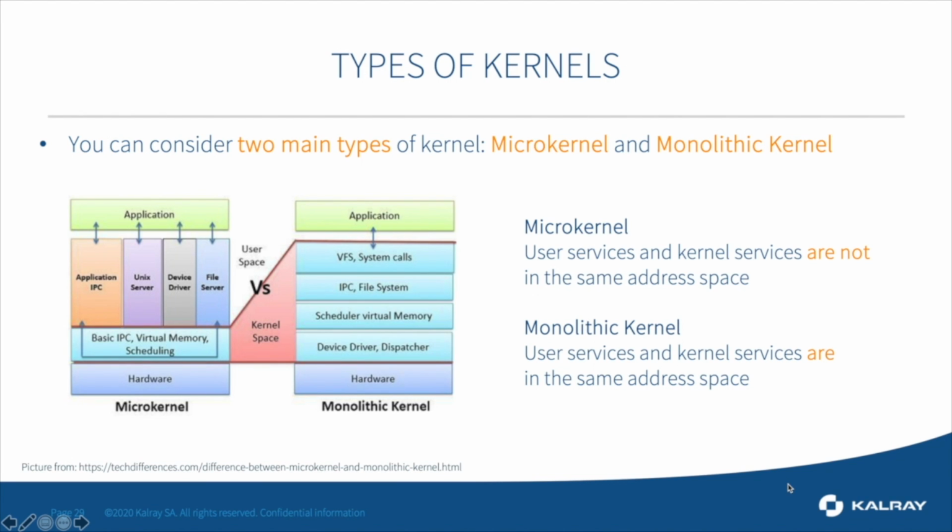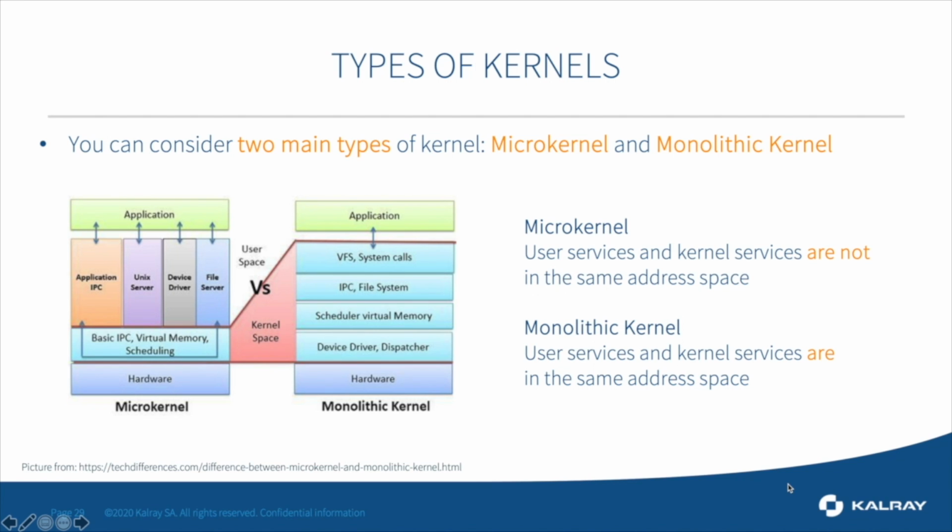Another topic that is important and that you will face when you select or work with an operating system is to understand the way the operating system is dealing with its own kernel. You have two big families: the microkernel approach and the monolithic kernel approach.